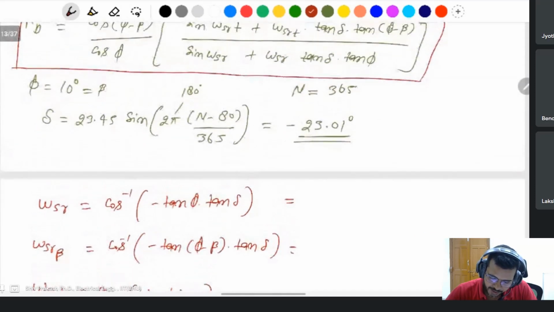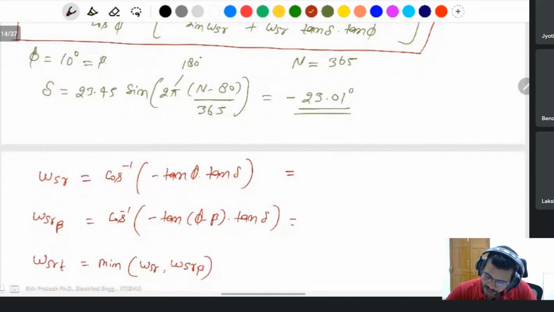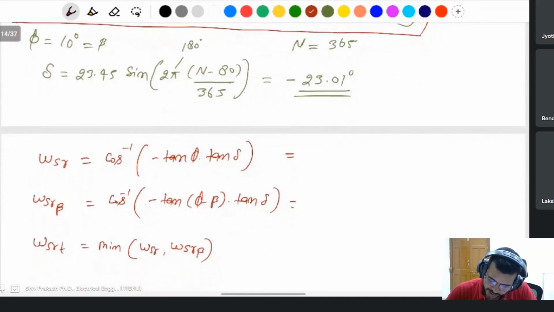Phi is 10 degree, beta is also 10 degree. If you take this one with 10 degree and this one 10 degree, tan 0 means all of it is 0, and cos inverse 0 is 90 degree. Delta is equal to minus 23.08 degree.